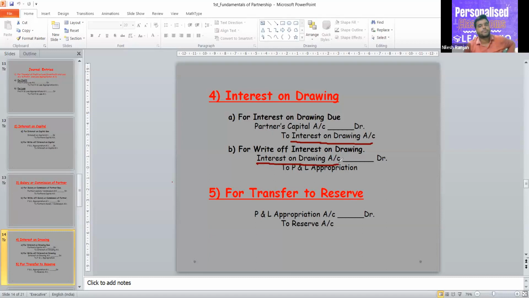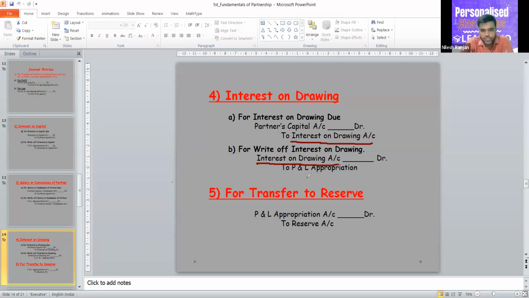So if we combine this entry, it will be partner's capital account debit to profit and loss account. It is reversed now because interest on drawing is income for the firm.